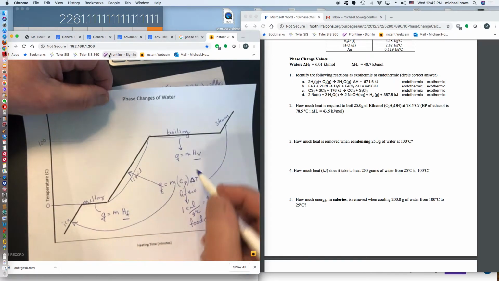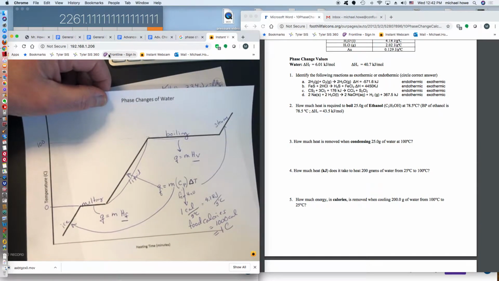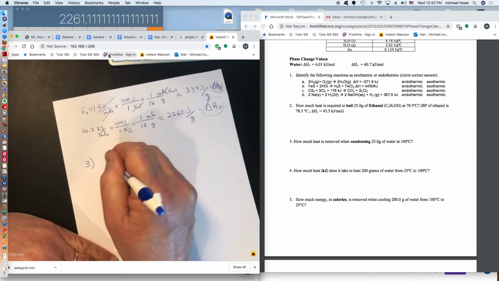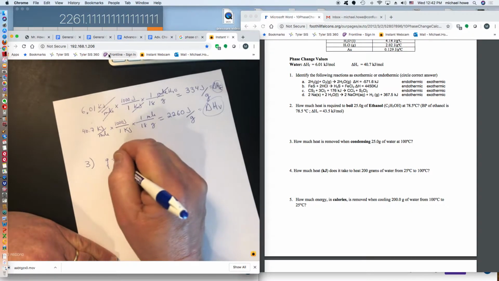Q is equal to MHF, and Q is equal to MHV. So since we're at boiling, we're going to use the Q equals MHV.